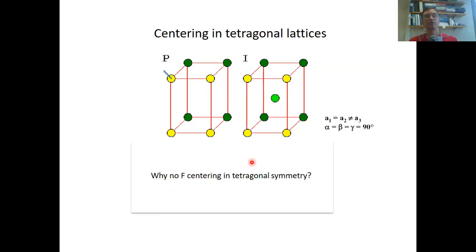The reason is that if we F-center, and I do this hypothetically here, so now I center my unit cell so that each face has a center, in this case, however, I can define a smaller unit cell with the same symmetry, which is primitive. And as long as symmetry doesn't change, I always define the smaller unit cell as my unit cell, not a larger one. So for that reason, F-centering is not possible.